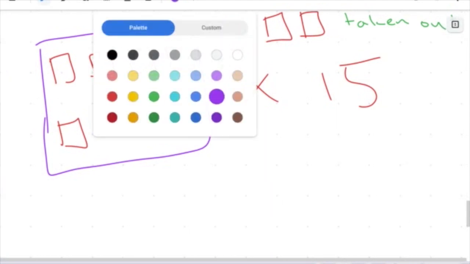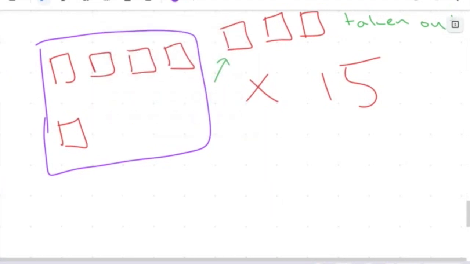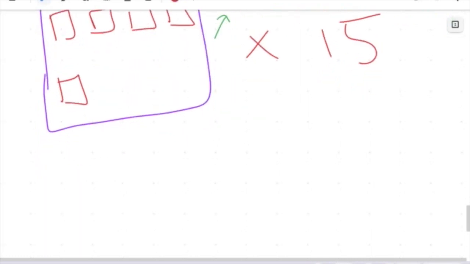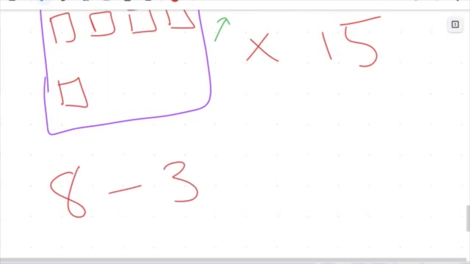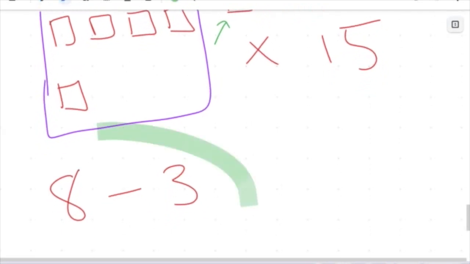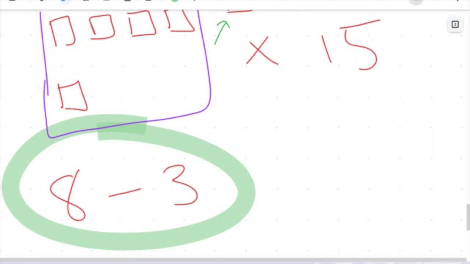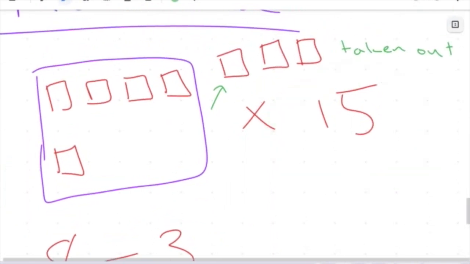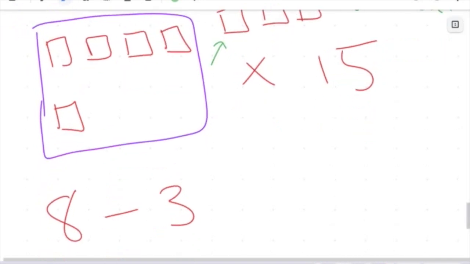So let's look at the expression that we actually got, because we had my original 8 books and we took 3 away. We subtracted 3 books. And then we took this thing here and made 15 lots of that. So the subtraction actually happens first.